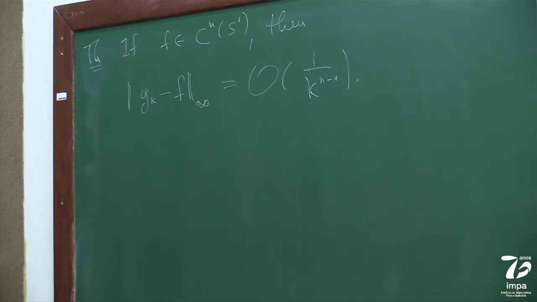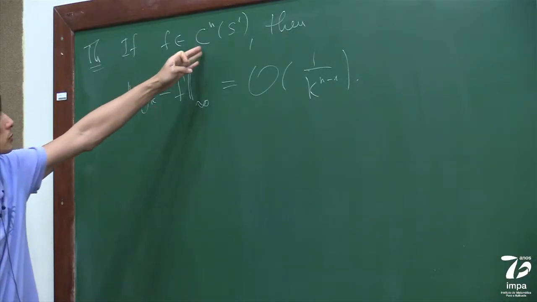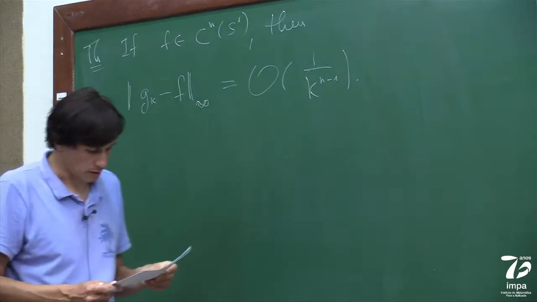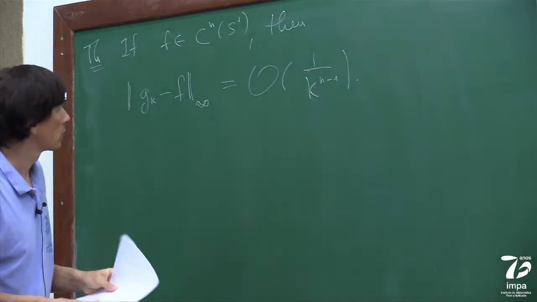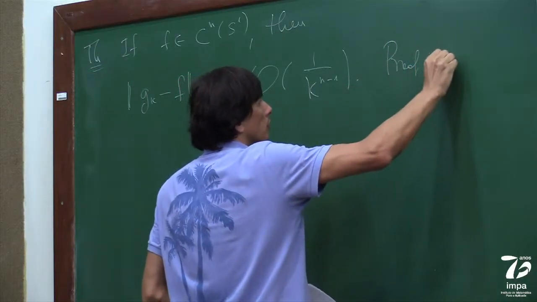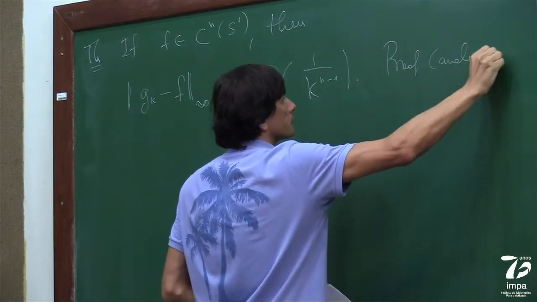So in other words, if f is twice differentiable, then the difference should decay as 1 over k. I will not give a proof. Take analysis.